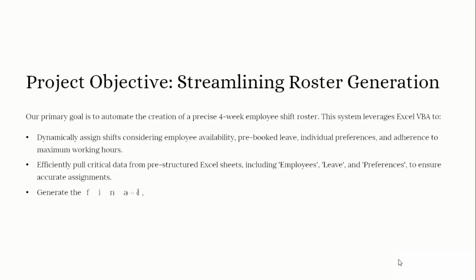Efficiently pull critical data from pre-structured Excel sheets, including employees, leave, and preferences, to ensure accurate assignments. Generate the final, comprehensive roster output directly into a dedicated roster sheet, ready for immediate use and review.